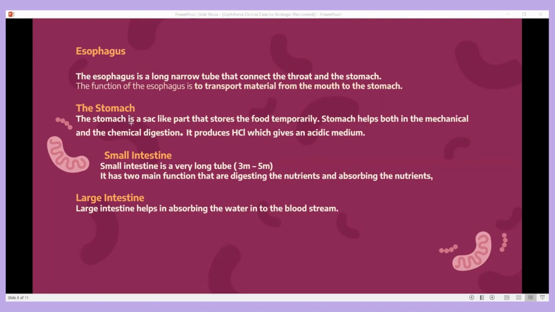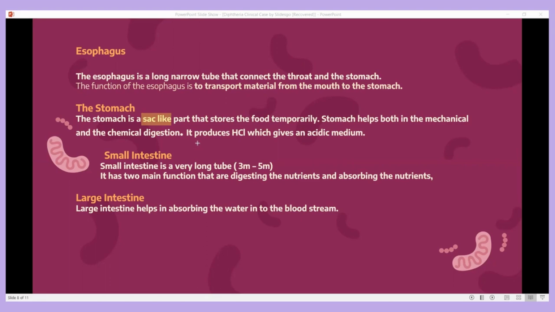The next part that we have in our digestive system, one of the main parts, is the stomach, and it's a sac-like part. It's a bag-like thing which stores the food temporarily. And also, it helps in physical, that is mechanical, and chemical digestion, as we said earlier.